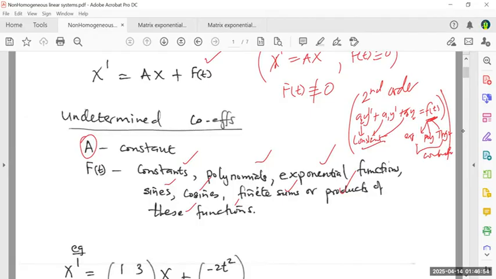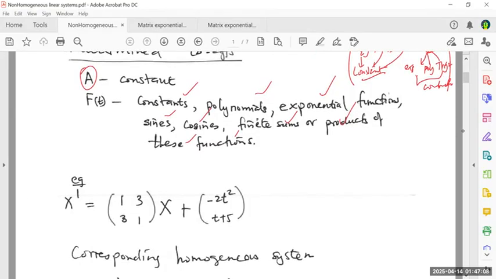Exactly in the same way we were dealing with the second order differential equations, we apply the same aspect on the non-homogeneous systems of first order differential equations.